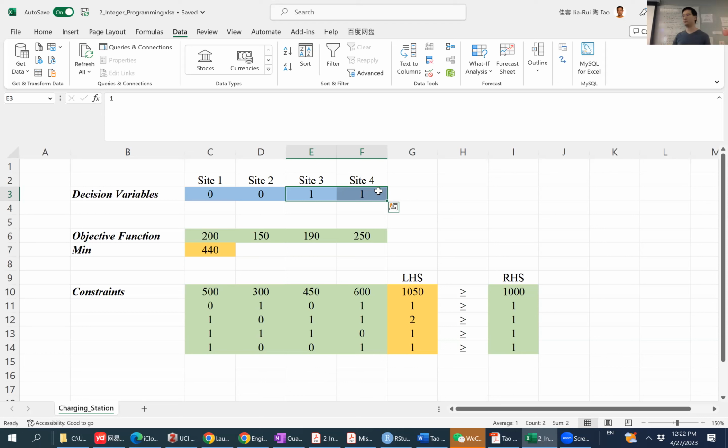So we have one set of solution of all the 4 decision variables, and the total cost at the optimal solution is $450,000.